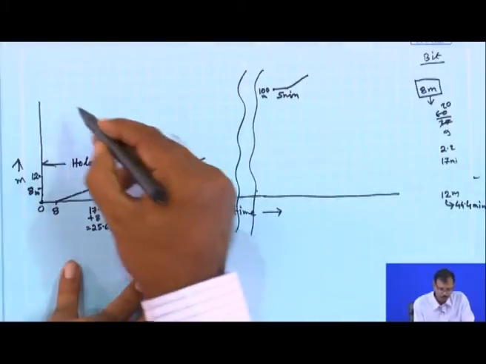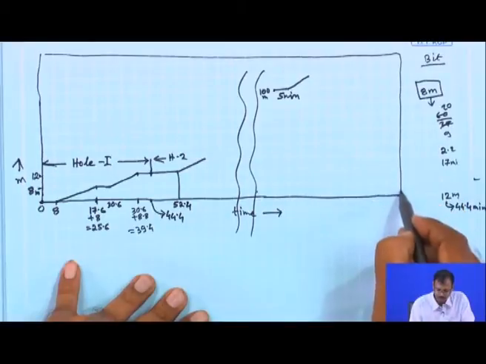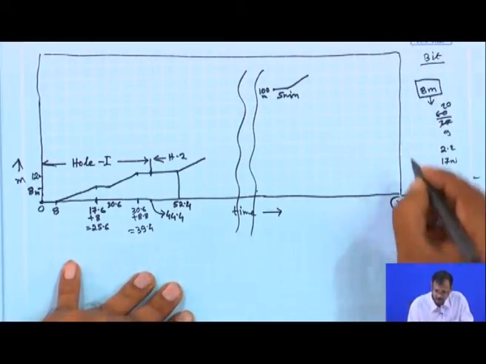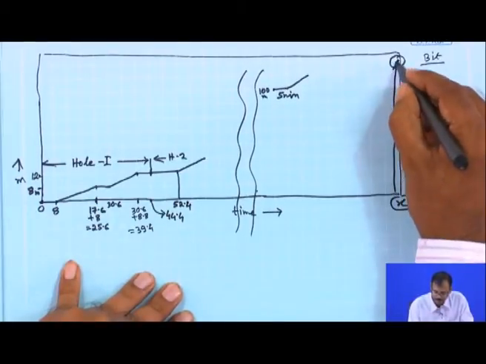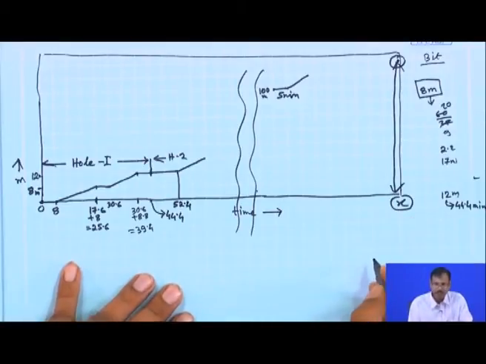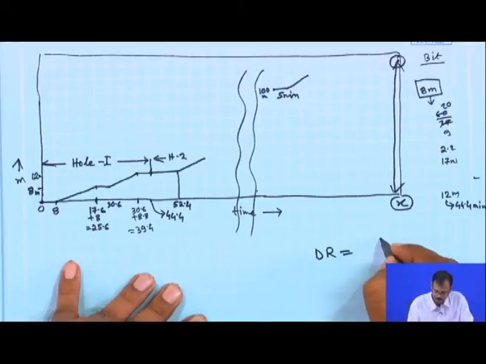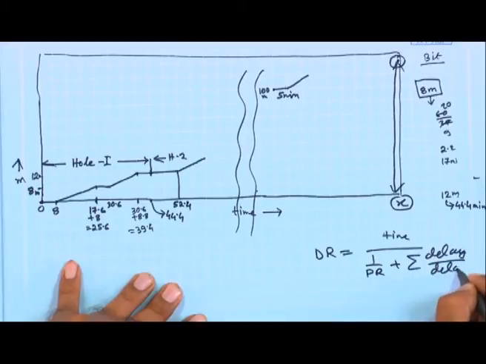So, while we are considering this total time cycle, we will find out up to some x time this much of drill length is achieved, which is basically expressed by this formula: drilling rate is equal to time by 1 by penetration rate plus summation of delay by delay interval.